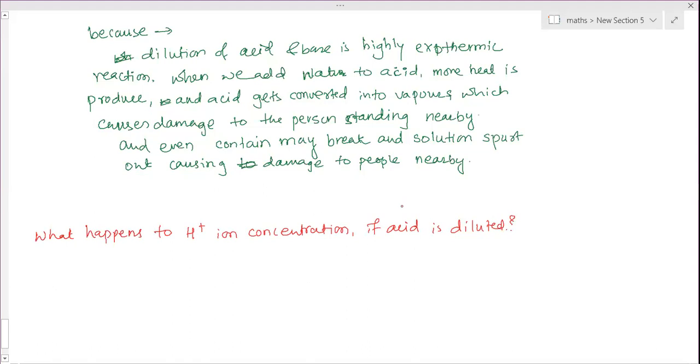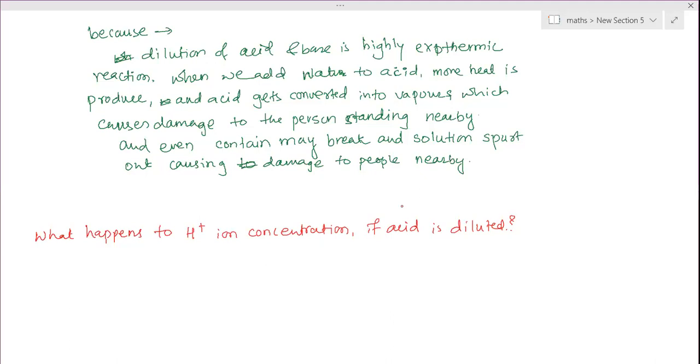Will it increase or decrease? What is concentration? What do you mean by concentration? Recall chapter 2, 9th. Do you remember?